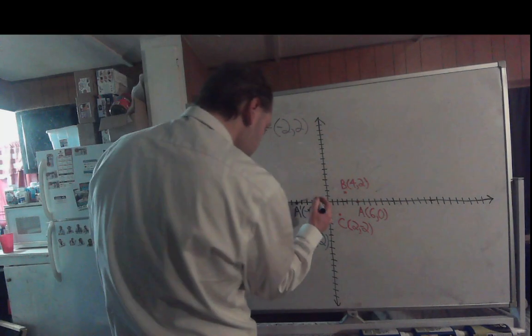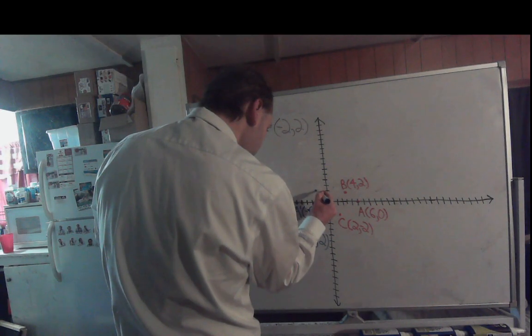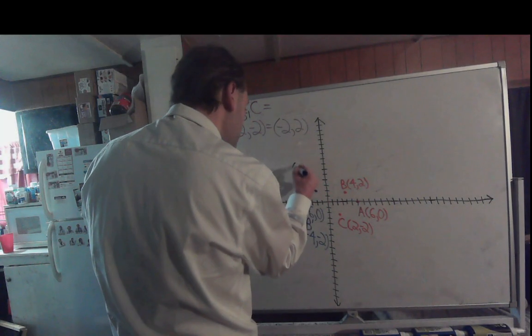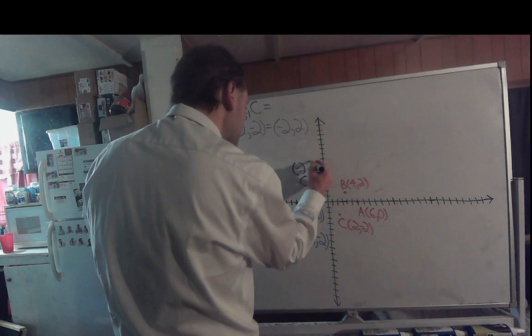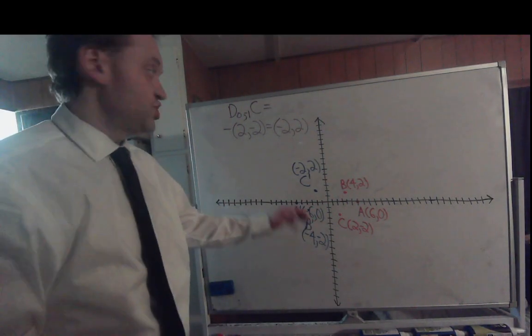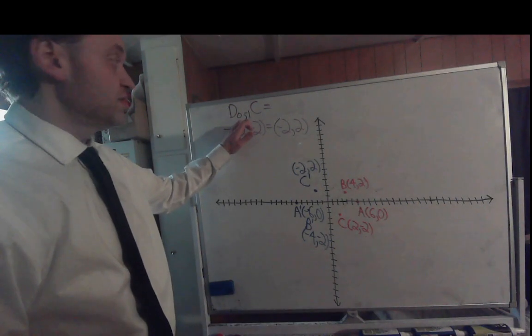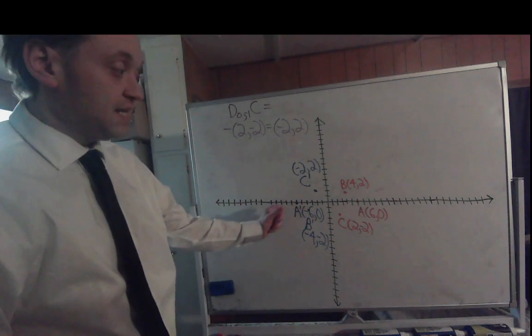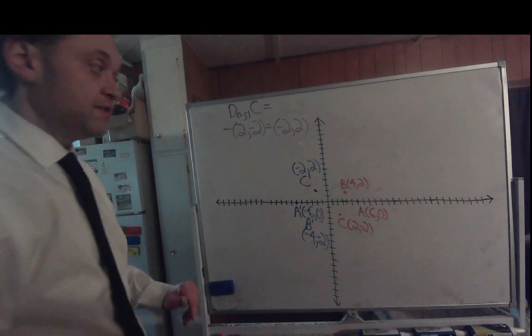So -2, +2 is located right here. So that's your C prime at -2, +2. And as you can see, the size didn't change at all because the absolute value of the scale factor is equal to 1. But we just reflected in the line y equals -x.